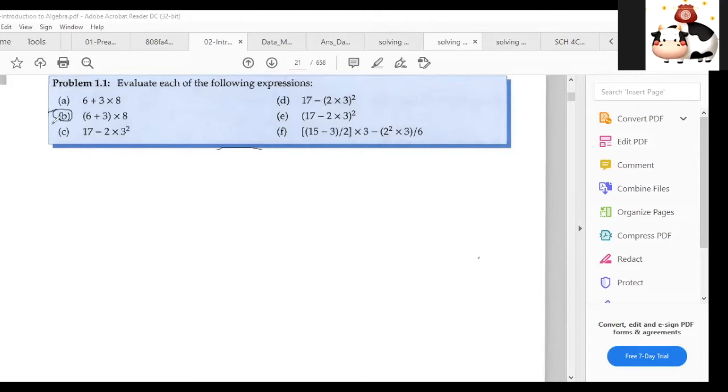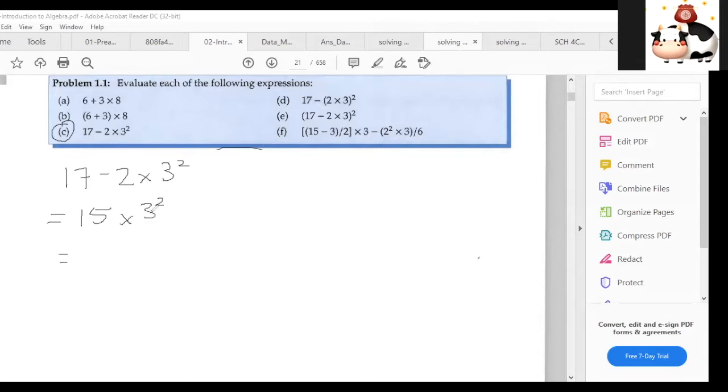So I'm gonna do C now. Let me erase this circle over here so this doesn't get confusing to you. This is the one I'm doing right now. And I'm just gonna rewrite the question. And let's see, 17 take away 2 is 15 times 3 squared.